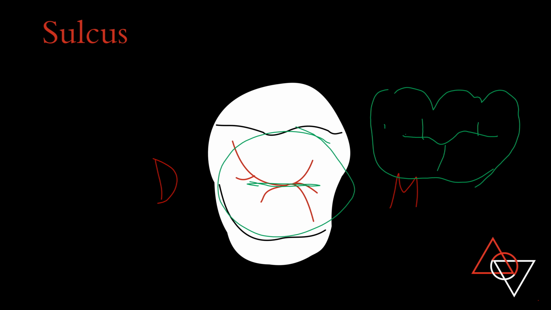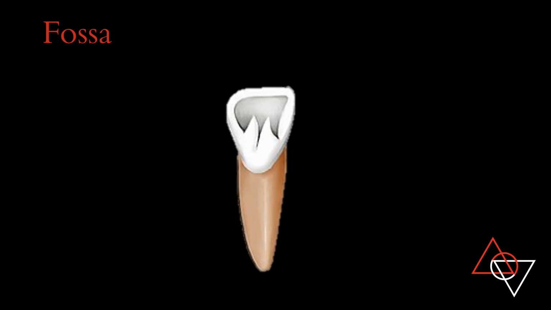Now the last term that I want to talk about today is a fossa, and fossae in plural, and it's a small hollow depression. So here on the picture, this right here would be the lingual fossa. Now it's exaggerated on this tooth.